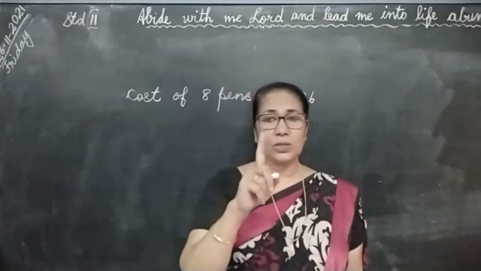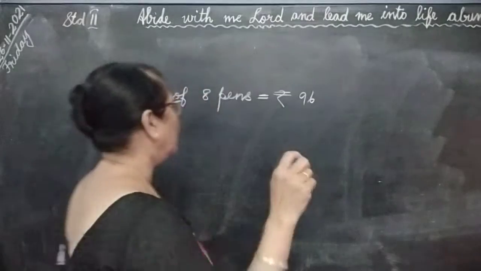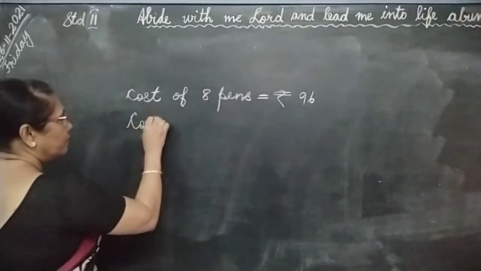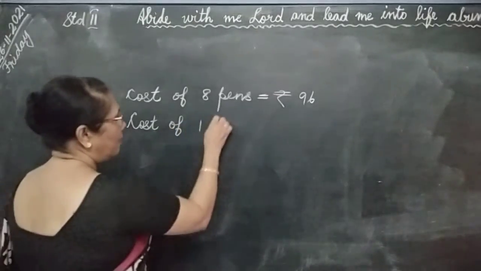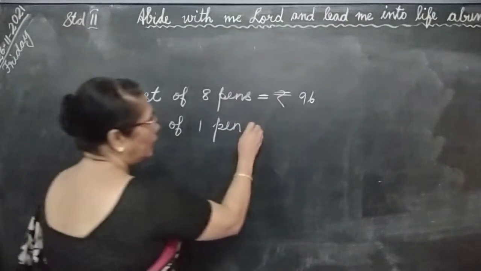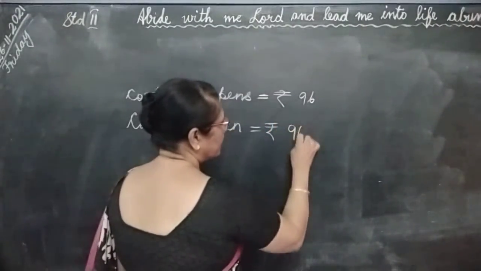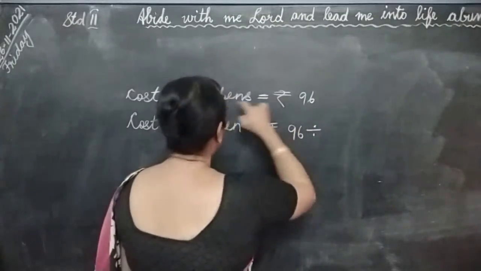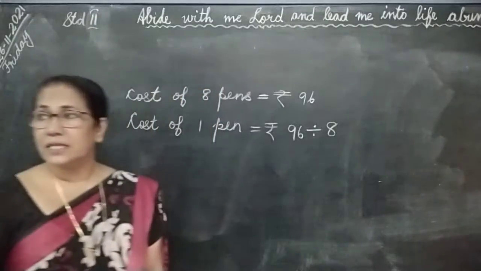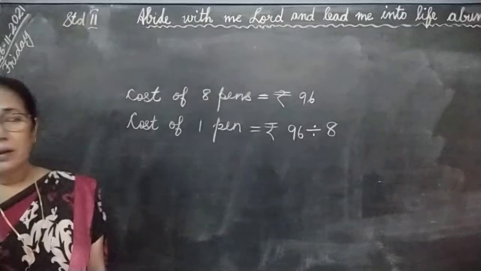We have to find the cost of 1 pen. So next you will write cost of 1 pen. Now 1 is pen, not pens. Equals rupees 96 divided by 8 pens, to know the cost of 1 pen.